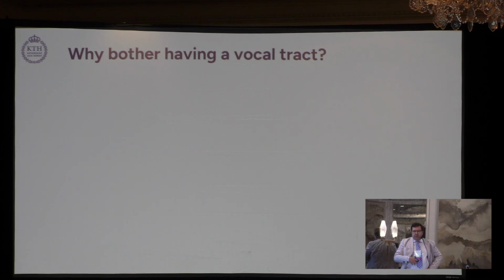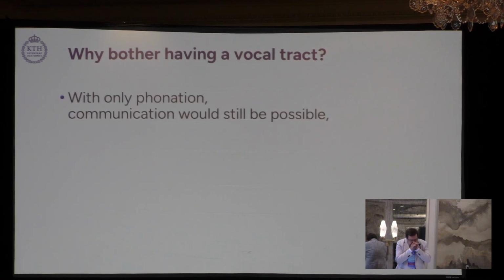So let's think a little bit about these things. We've talked about the breathing, we've talked about the phonation. Now let's talk about what comes after. Do we really need a vocal tract? Well, we heard that if we were to sever my throat just above the vocal folds and ask me to say ah, it won't sound like ah, it will sound more like something like this. Now, that's phonation.